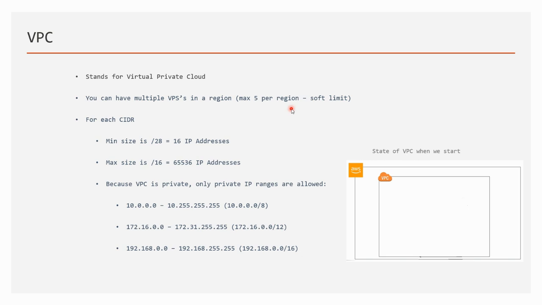You can only create five VPCs in a region. Of course, this is a soft limit, so if you want to increase the count of VPCs, you just need to raise a ticket with Amazon. That's all.